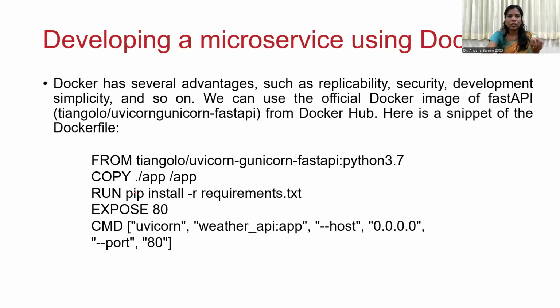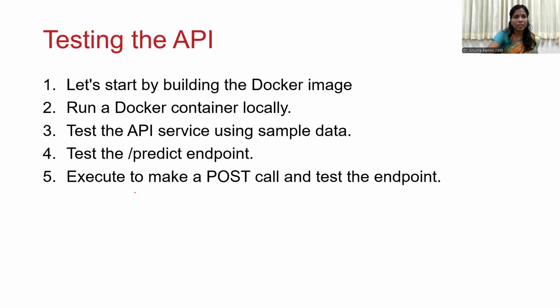Okay, so developing a microservice using Docker. This microservice as well as the API can be developed and deployed in Docker also. This is a small example of how Docker supports you in developing microservices.